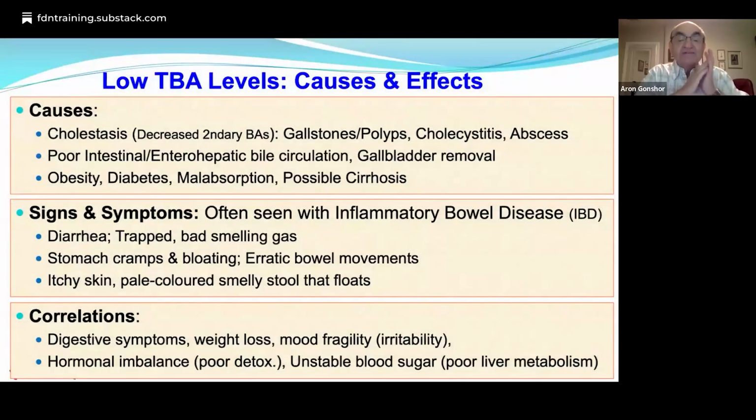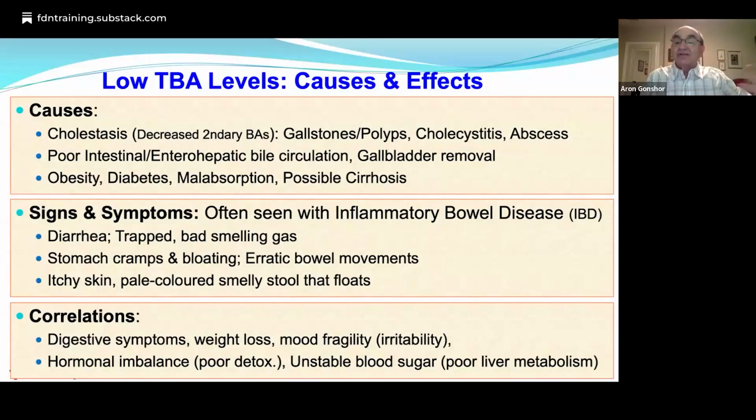If you have low TBA, what could that be due to? Well, cholestasis. Cholestasis, meaning that you're not able to really produce all the bile acids that you need to. And so you get decreased secondary bile acids, those 8 that I was showing you at the bottom of that slide.